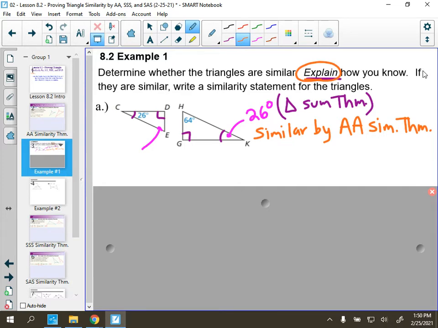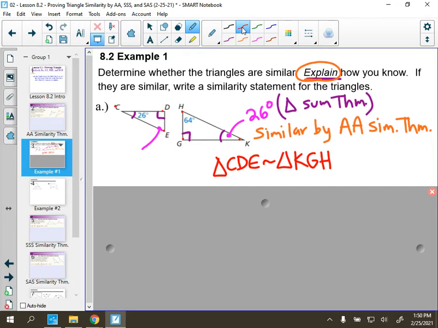The last part it's asking us to do is, if they are similar, which we said yep, by the AA similarity theorem, they have to be, give me a similarity statement. So essentially just say it now: triangle CDE, here's my symbol, is similar to triangle. Just line everything up. I started here with C, so I got to start down here with K. So K, then I went to D, which was the right angle, so I got to move to the right angle. And then by process of elimination, we finish with H and E.